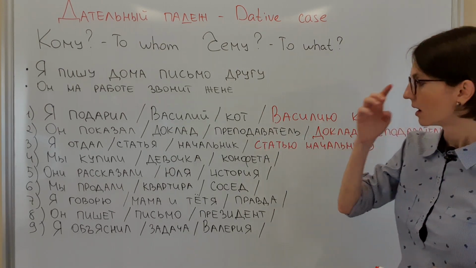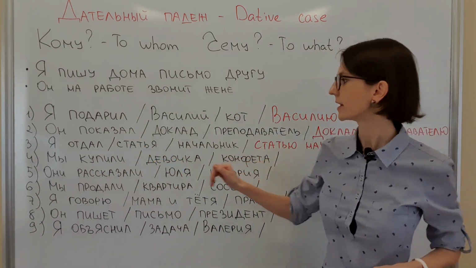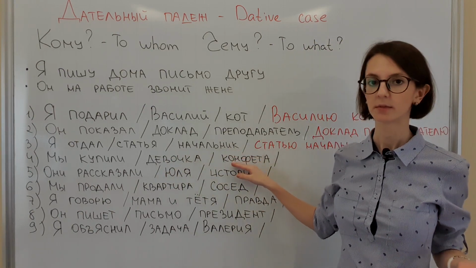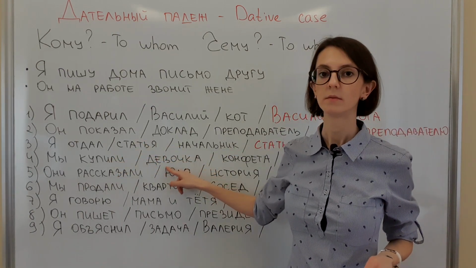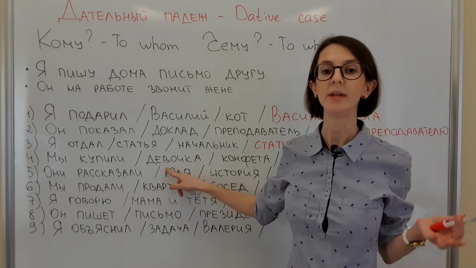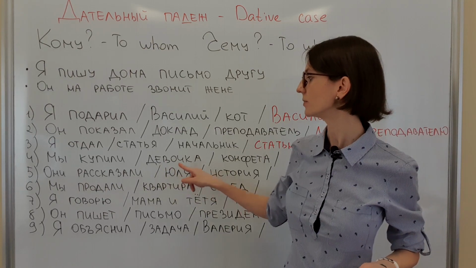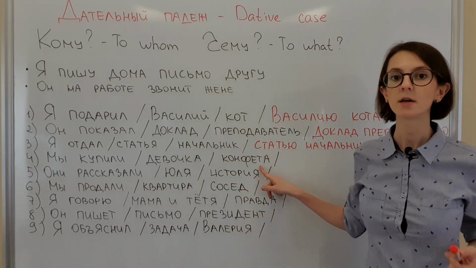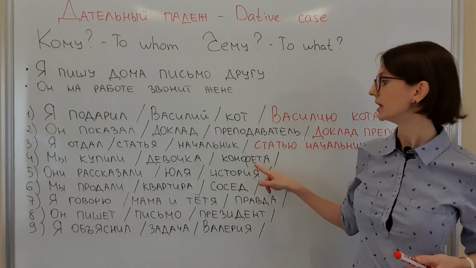Good. Мы купили девочка конфета. We bought girl candy. So, мы купили кому? Мы купили девочке. This is the recipient. Dative case. Мы купили девочке. And this is the object. What did we buy? Мы купили что?